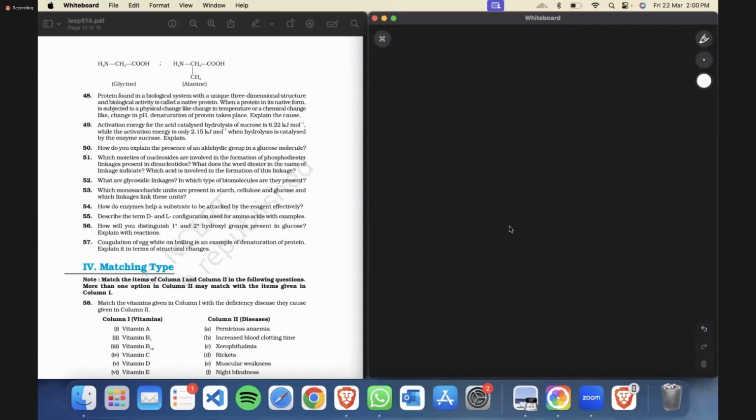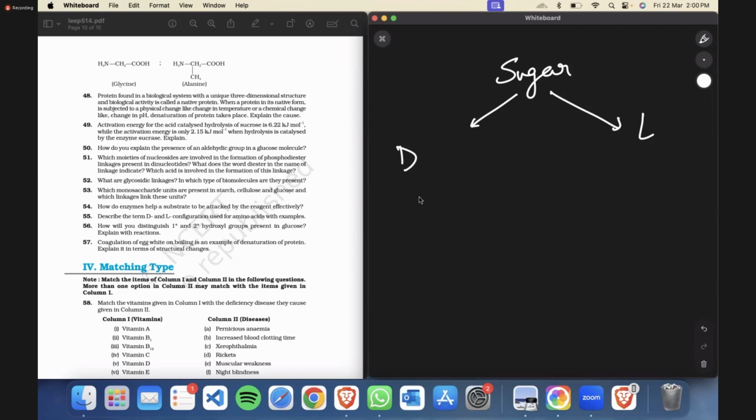Describe the terms D and L configuration used for amino acids. Okay, so the sugars are divided into two families, D and L. Now these are basically configurations, and they are represented with respect to glyceraldehyde as the standard.